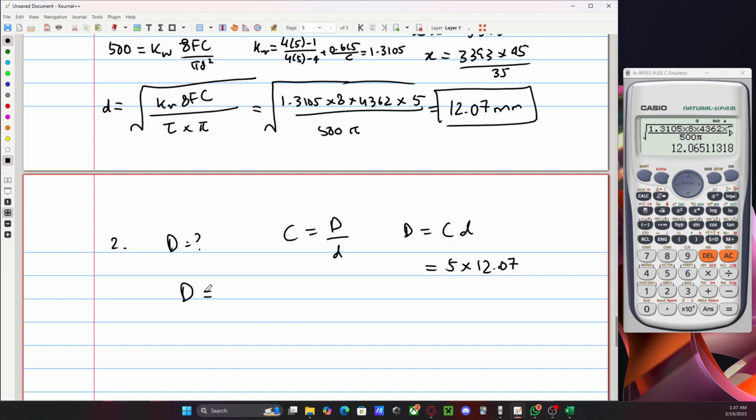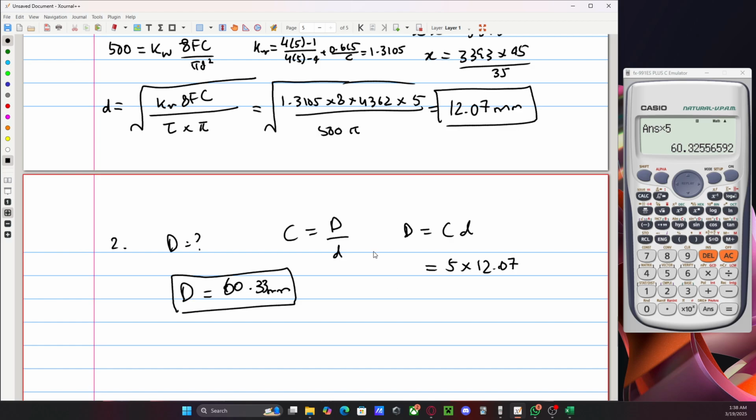So our capital D is just this times 5, which is 60.3 millimeters. Okay, so that's what we have.